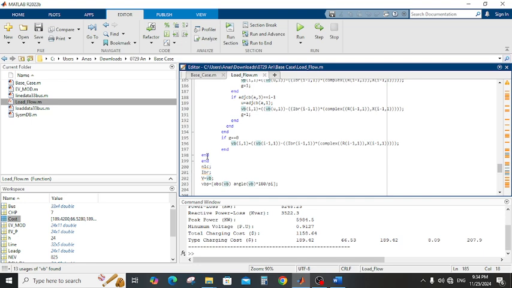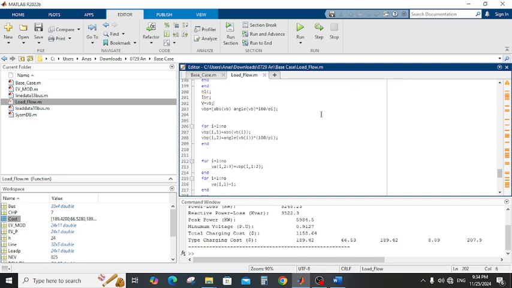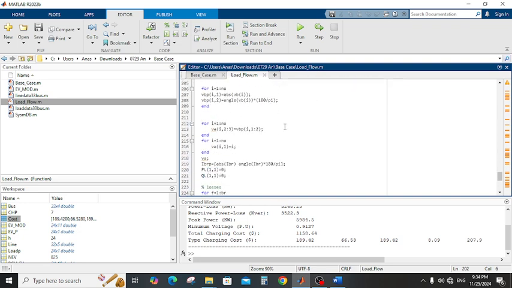This process is repeated 4 times, as you see here, to get the voltage at each bus, the voltage angle, and also the branch current. After that we have the branch current and the voltage at each bus. Now the load flow is finished.